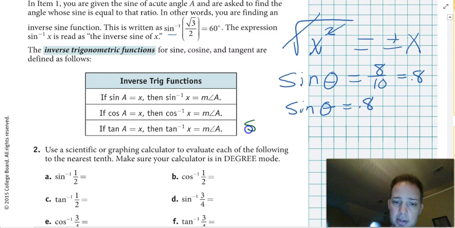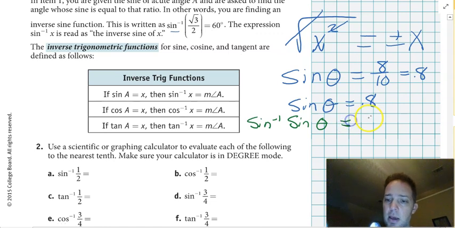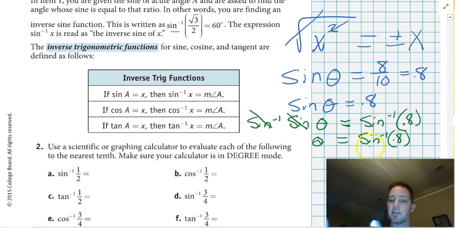So I could do sine inverse of sine of the angle equals sine inverse of 0.8. And that way these cancel out, and you're left with the angle equals sine inverse of 0.8. And when I type that into a calculator, it will give me a degree measurement to represent this angle.